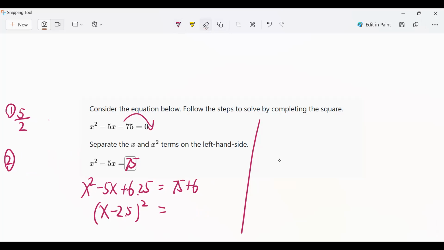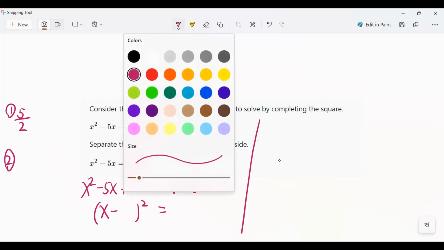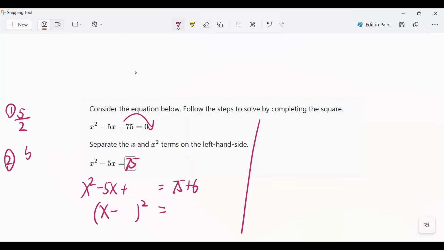So we keep it as is, 5/2. Now we're gonna square that, right? To get a number. So we square that 5/2 squared. Get 25/4. The number we are using is 25/4.